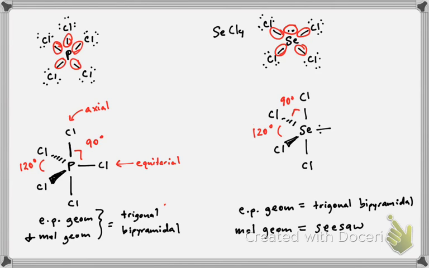Now let's check out what happens when we have more than 5 regions. Okay, so we're going to look first at SF6. So we figured out that Lewis structure was something like this.